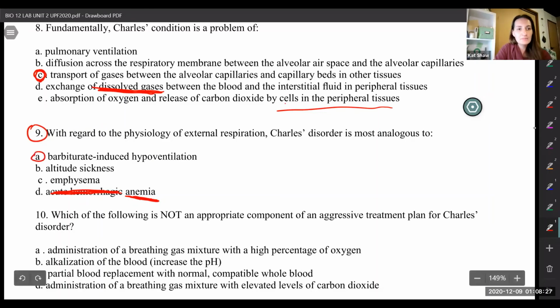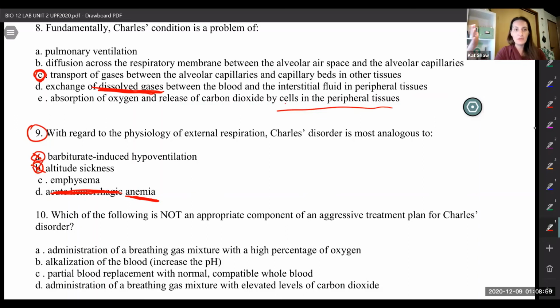Well, A, barbiturate-induced hypoventilation. Keep in mind that this isn't a problem with ventilation. He has normal partial pressure of CO2. So we know that his tidal volume, his breathing rate is normal, right? He's not hypoventilating. B would not work here because altitude sickness would suggest that there is a lower atmospheric partial pressure.